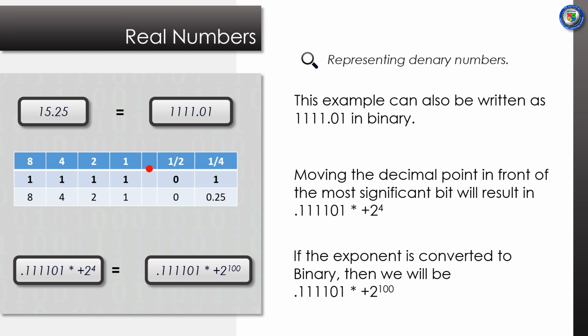If the exponent is converted to binary, then we will have 0.111101 times plus 2, 100. We have shifted the decimal point 4 places to the left, giving us an exponent of 4, and we then have converted this exponent to binary.